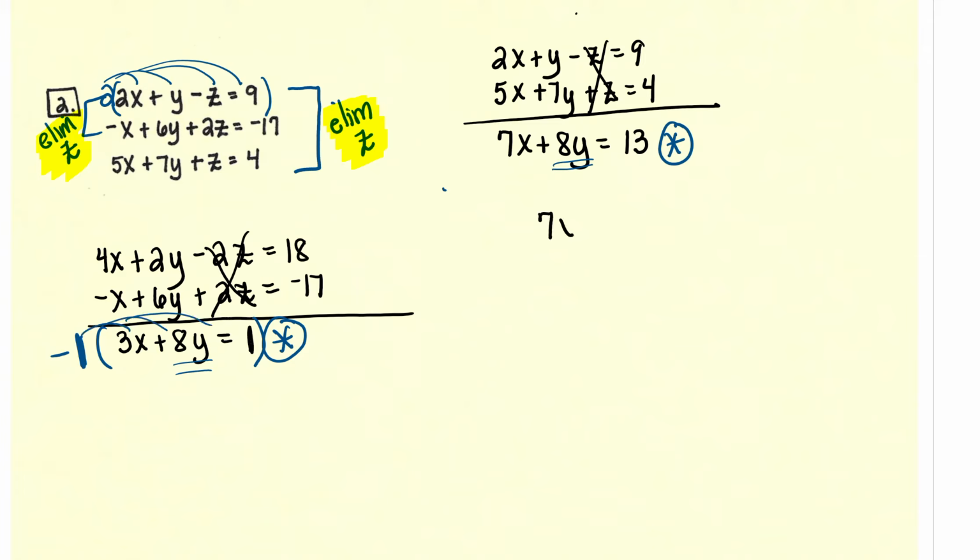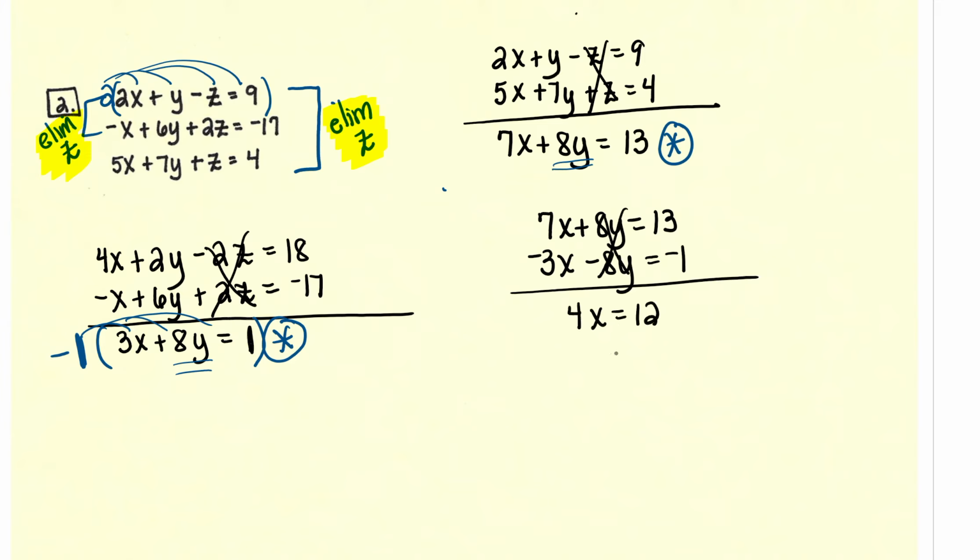So that'll be 7x plus 8y equals 13. I kept that like it was. And then negative times 3 is negative 3x. Negative times 8 is negative 8y. And negative times 1 is negative 1. The y's cancel, and you get 4x equals 12. Divide by 4, and x is equal to 3.